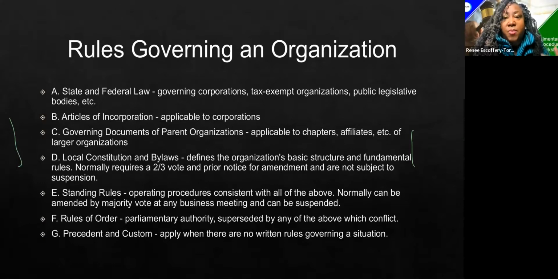Those things will govern corporations. They also govern tax-exempt organizations. You have certain things that you have to adhere to if you are a 501c3 or a 501c7. And so, any kind of public legal body or whatever, the state and federal law is the top level of guidance.